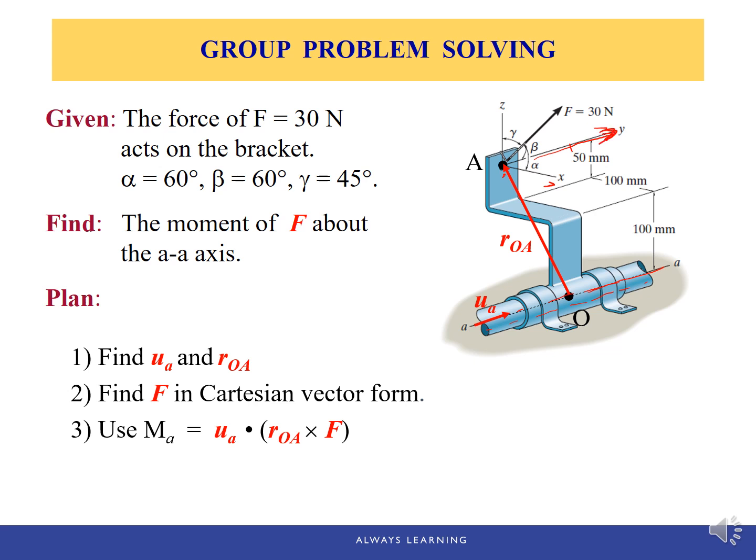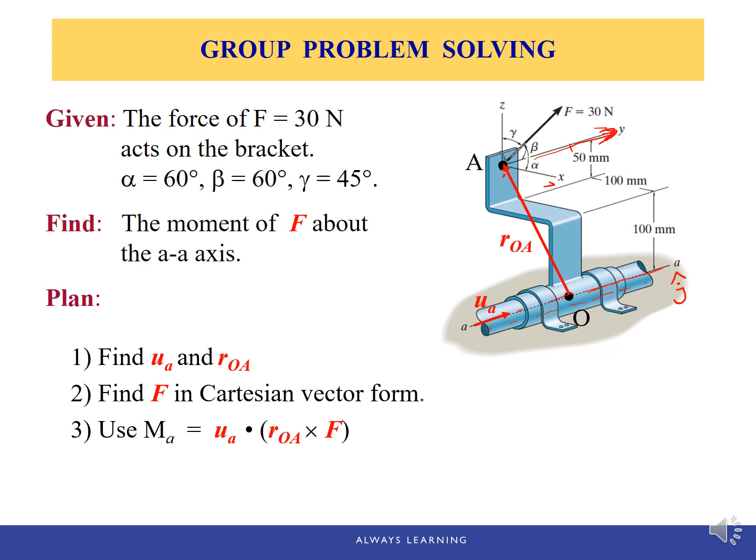Therefore, we say this AA axis is actually in the y direction, or we say the unit vector is just j hat. So again, the unit vector indicates a direction, and the vector can move parallelly in space as long as you do not change the orientation. All the parallel directions are actually indicating the same direction. So in this case, AA and y are actually the same direction.